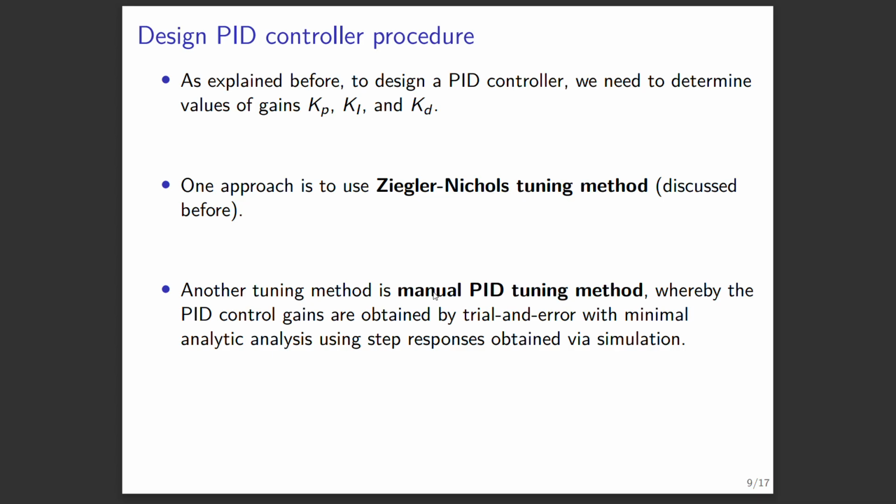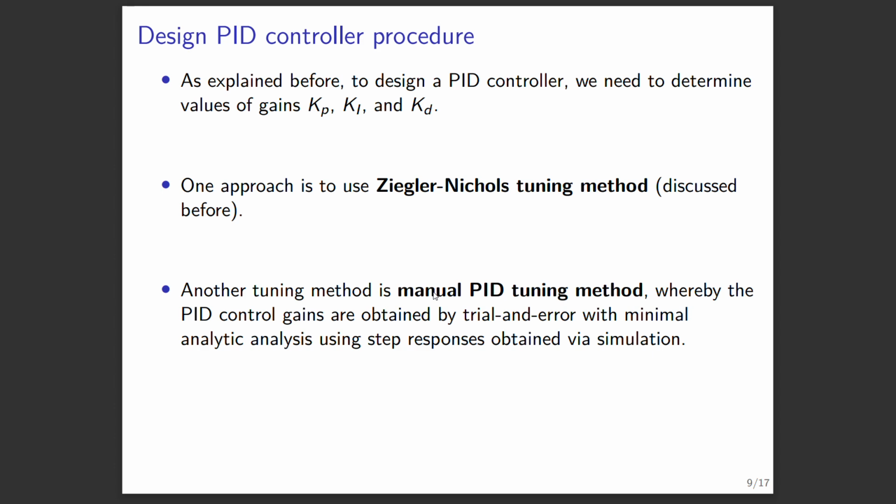Ziegler-Nichols, as you know, is a table. Based on what we want to design, is it a PI controller, a PD controller, or a PID controller, it tells us how to follow the procedure, and based on the gains we find, we design a PID controller.